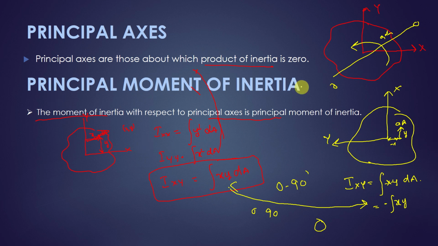We have to find out the principal moment of inertia now. Okay, let me have the axis here, and this is the body, x and y are the axes, the same dA is there, and it is at a height. Y coordinate is small y, x coordinate is small x.